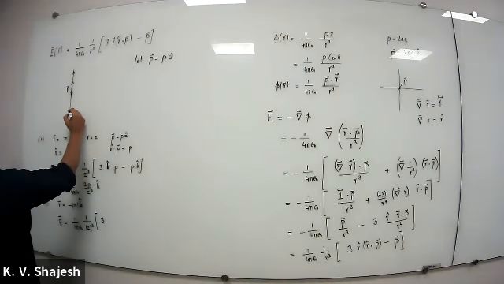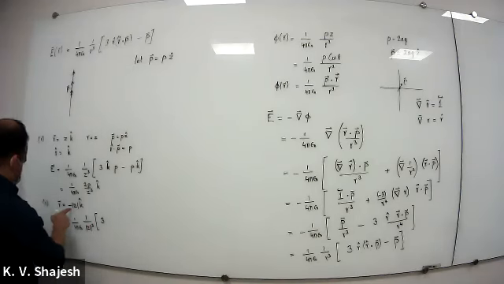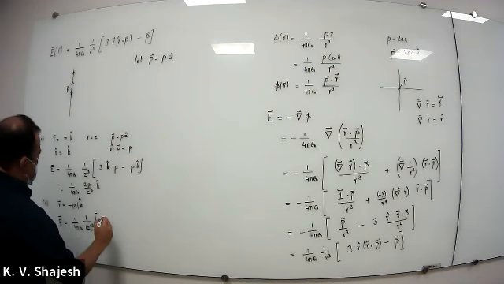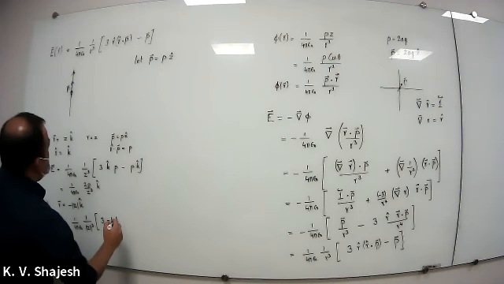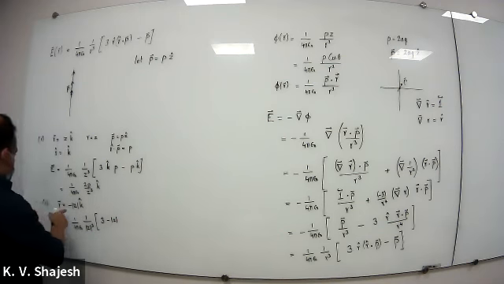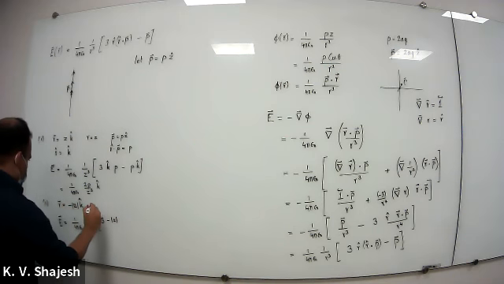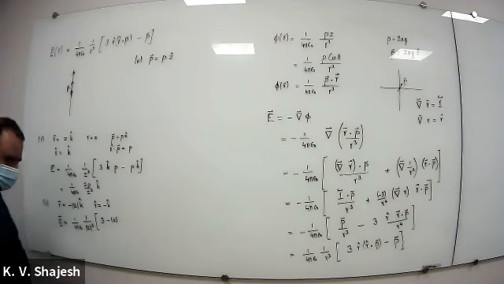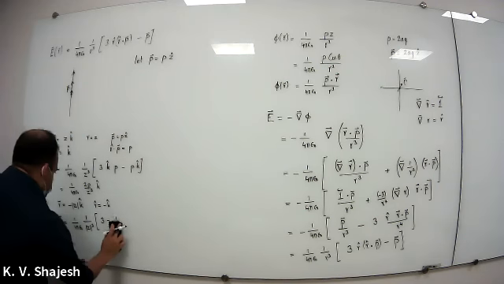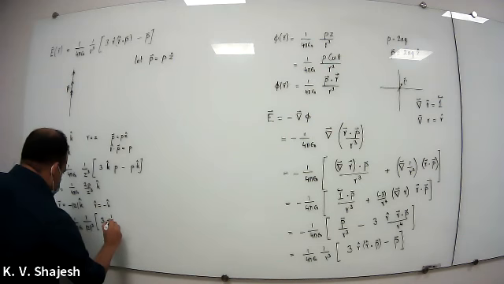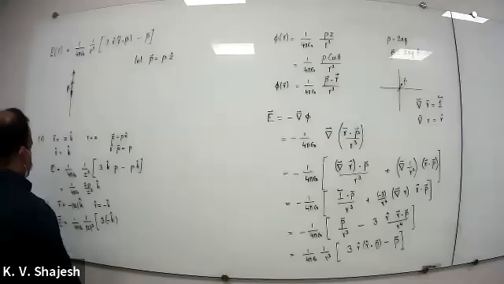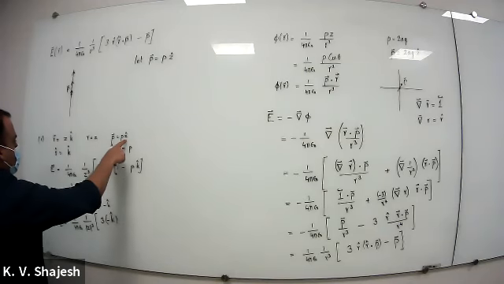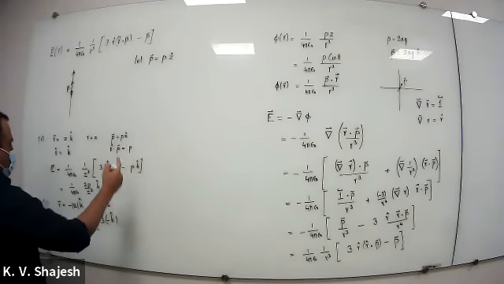So notice what is going on. Here r hat is equal to minus k hat. r hat dotted with p: p is here, r hat is minus k hat, so it is again a minus.